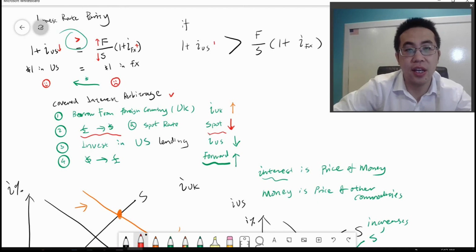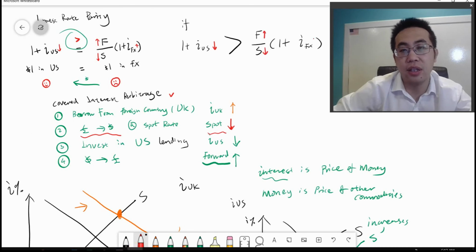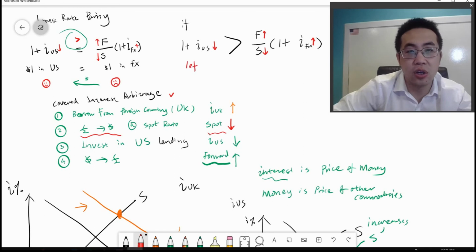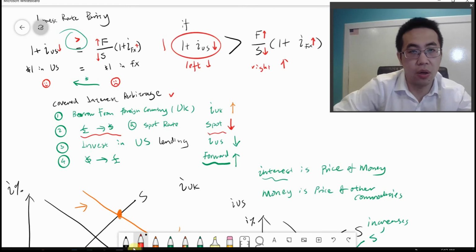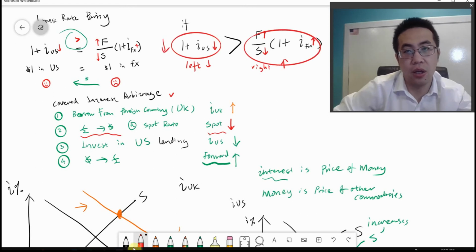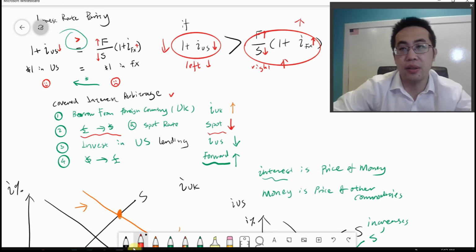And eventually, the US interest would go down, forward rate would go up, spot rate go down, and the foreign interest would go up. So the left is going down, the right is going up. And eventually, this part goes down and this part goes up. And the final result is the two sides will converge, will be equalized to each other.